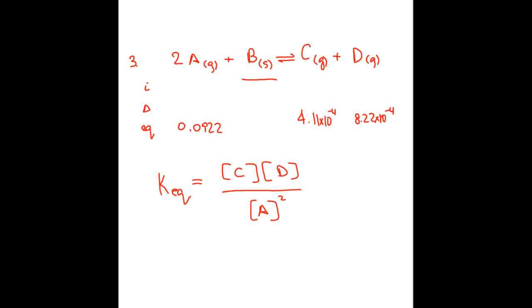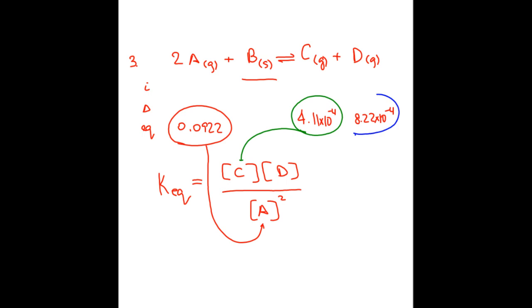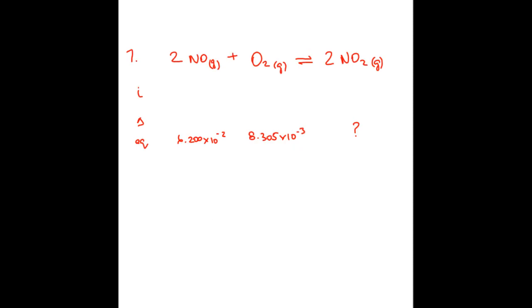So now we know the concentration of A, we know the concentration of C and D, so all it ends up becoming is plugging in the numbers. And what you should get for the answer for K equilibrium is 3.97 times 10 to the power of negative 5.